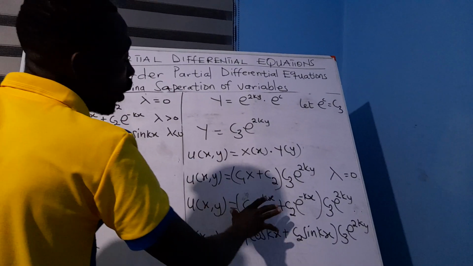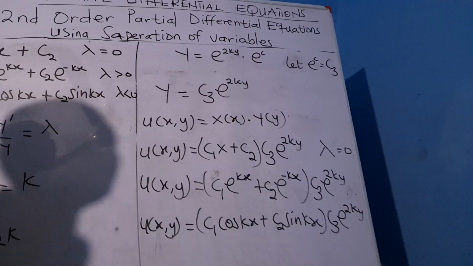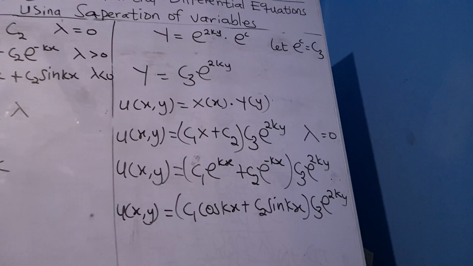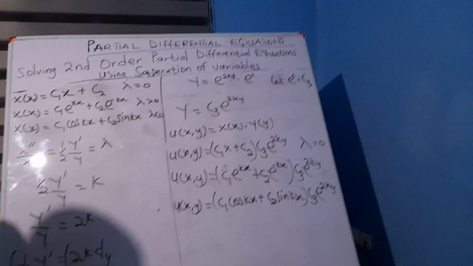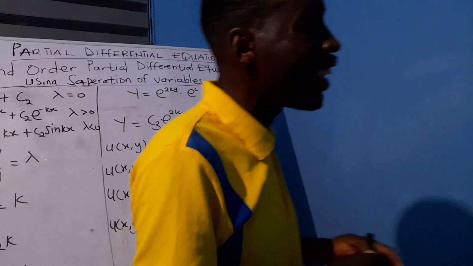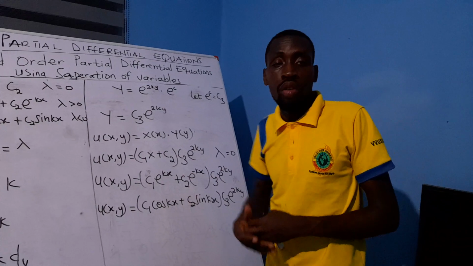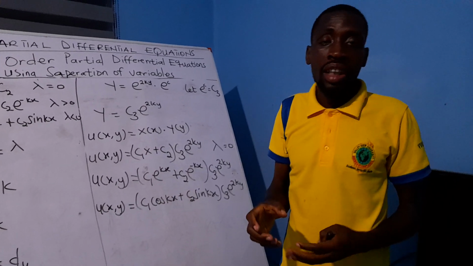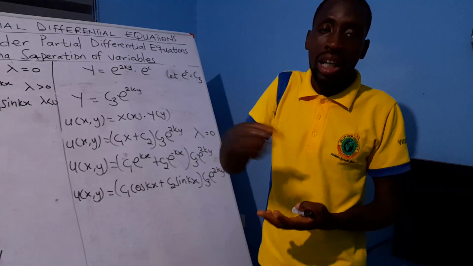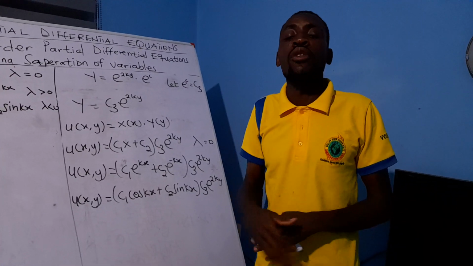So these become our general solutions, depending on the values of the constants. Now we look at the boundary conditions given to us and see which of these solutions satisfies them. Then we take that and find a particular solution to our partial differential equation.